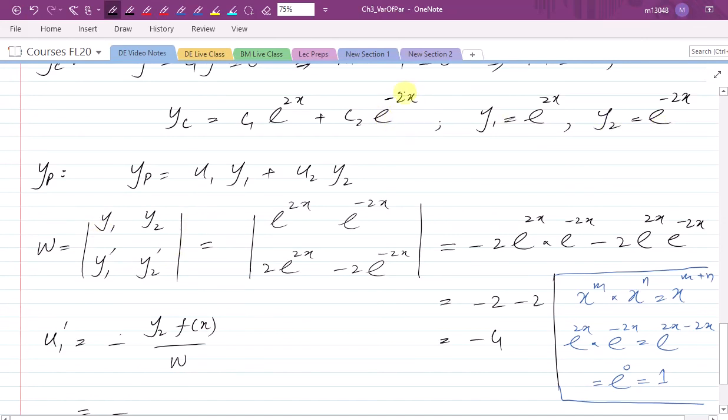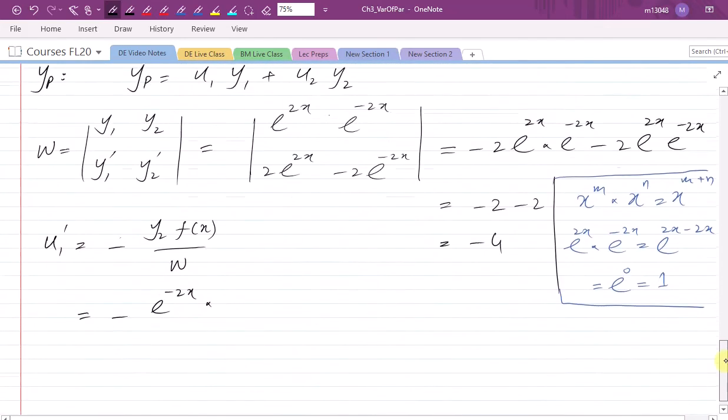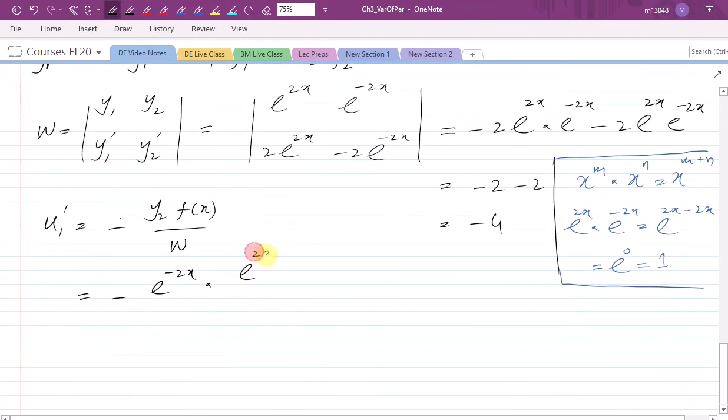Although you can start the other way around, keep them fixed once you have started. y2 is e raised power minus 2x. F of x was e raised power 2x over x, and over w, which is minus 4. So that gives plus 1 by 4. This is minus 2x and this is plus 2x.